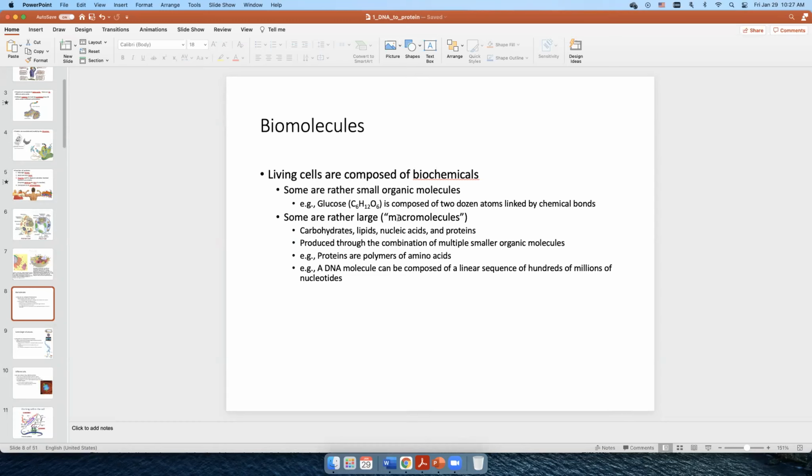For example, the macromolecules include lipids, which are in the membrane, nucleic acids, and proteins, and they are produced through the combination of multiple smaller organic molecules. For example, proteins are polymers of amino acids, and RNA or DNA can be composed of a linear sequence of hundreds of millions of nucleotides.